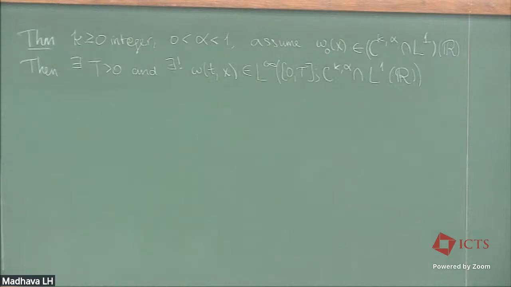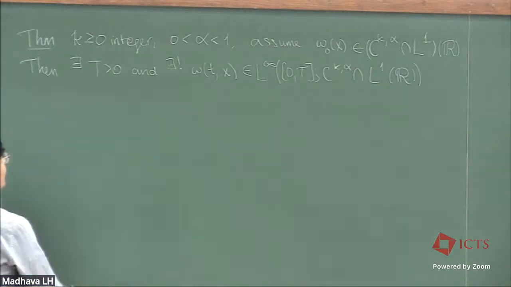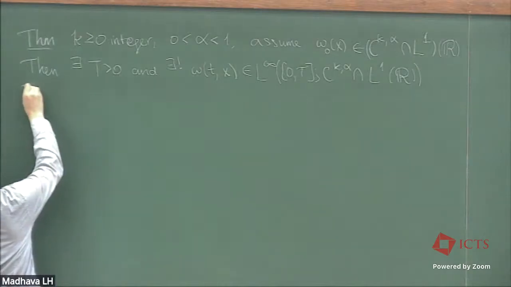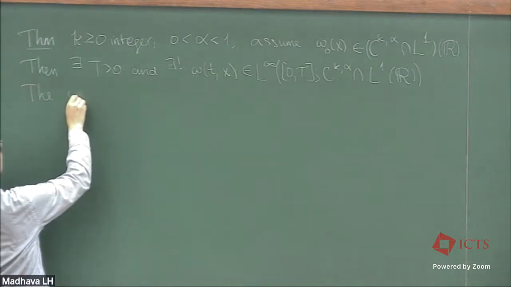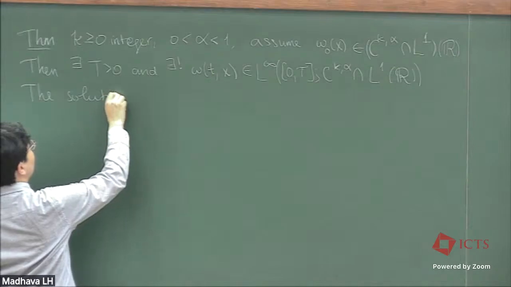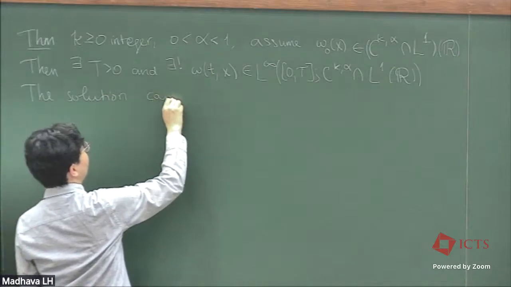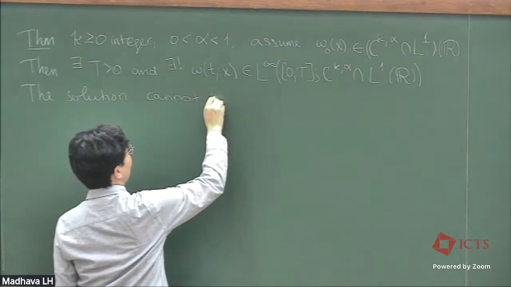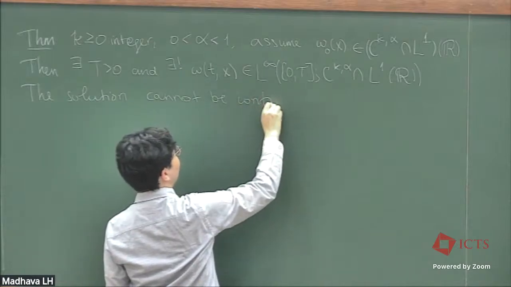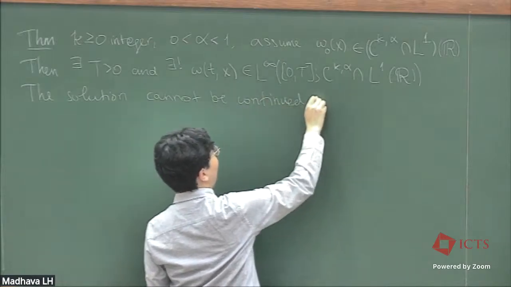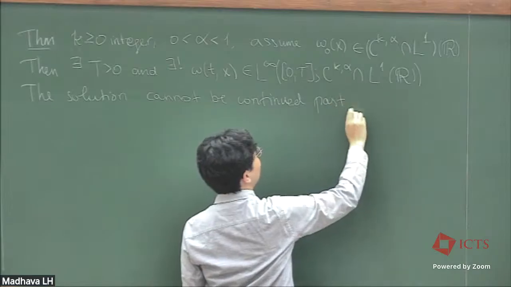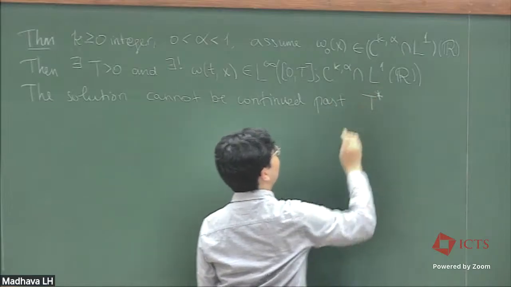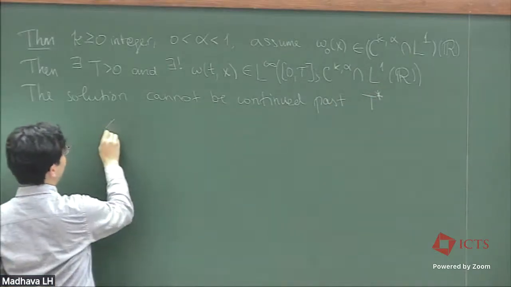Okay. And we also have the so-called Beale-Kato-Majda criterion, which is exactly the same. The solution cannot be continued past some t star if and only if.